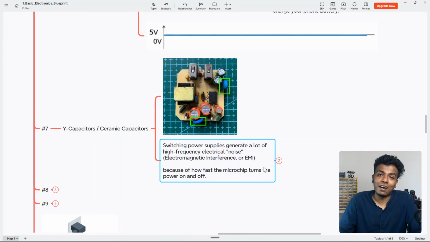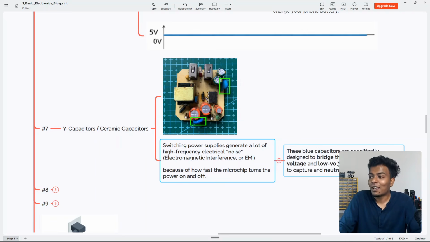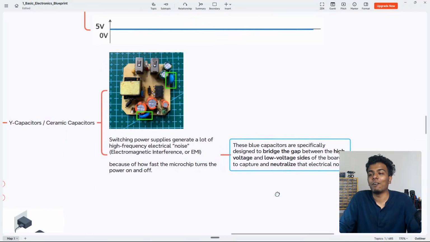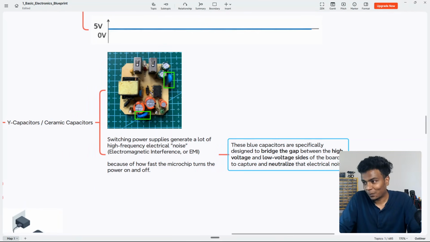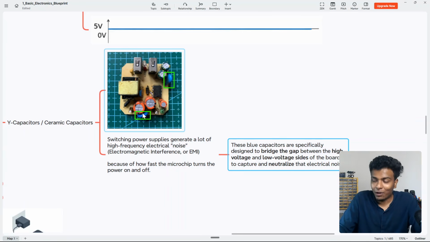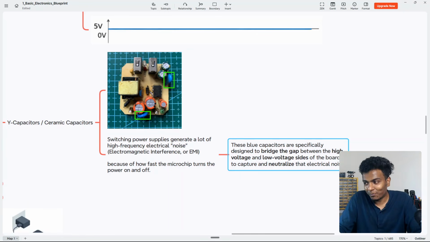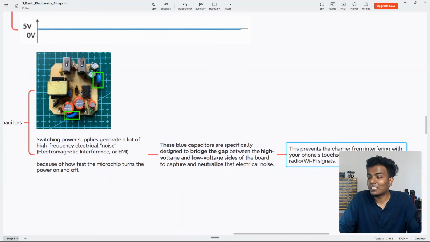Those electromagnetic interferences all need to be filtered out by using these Y capacitors or ceramic capacitors. These blue capacitors are designed to bridge the gap between high voltage and low voltage, because on the high voltage side some EMI might be there, and on the low voltage side also there might be EMI, some noise will be there. Those noises are all going to be filtered out by using these ceramic capacitors.